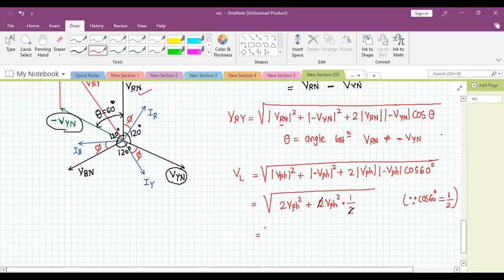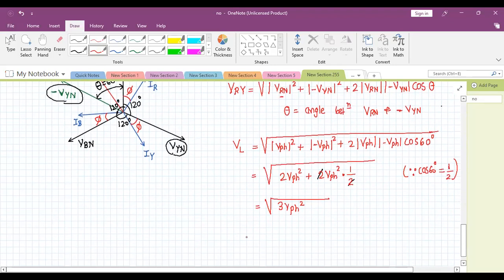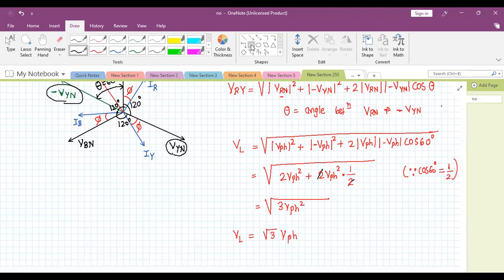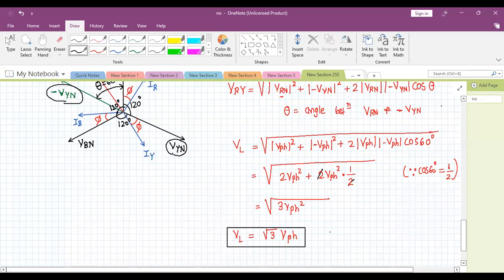So the answer is under root of 3 VPH square. If I remove the under root, VL is equal to root 3 VPH. So that is our derivation, which gives the relationship between line voltage and phase voltage in case of a star connection. Is it clear?